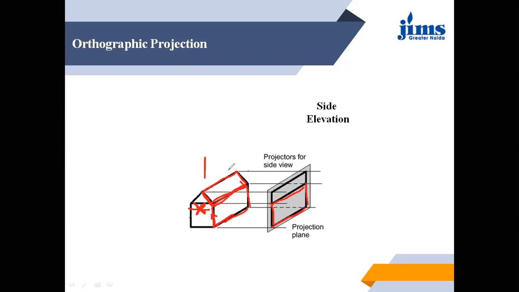It will look vertical. So this is the roof view of this object. So this was all about the top view, side projection, and front projection.